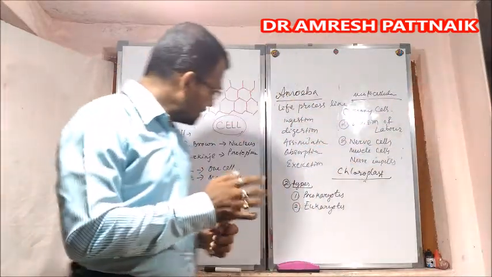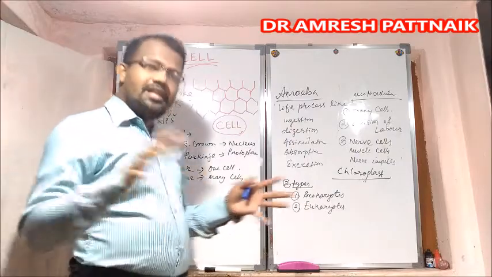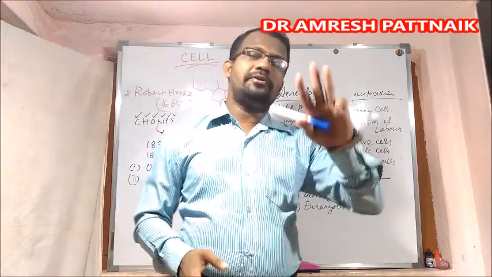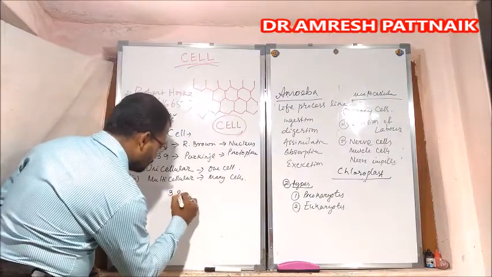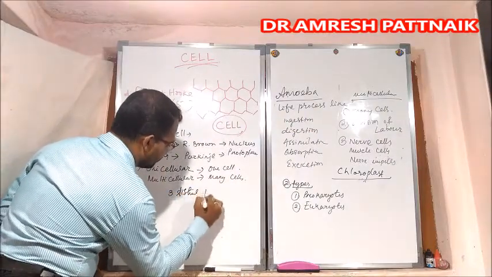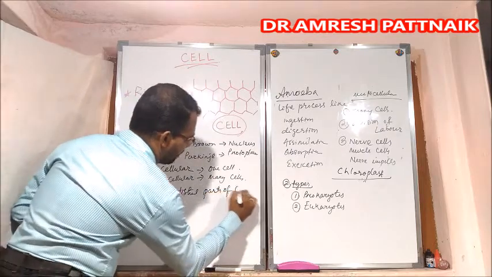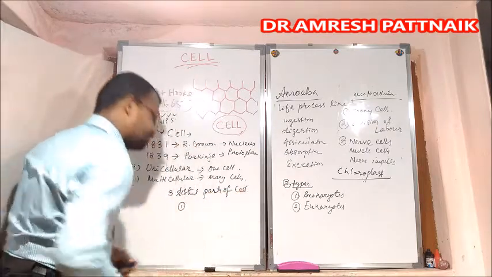Understood now? So after all, the cell mostly has three distinct regions. What are they? Distinct parts of the cell.